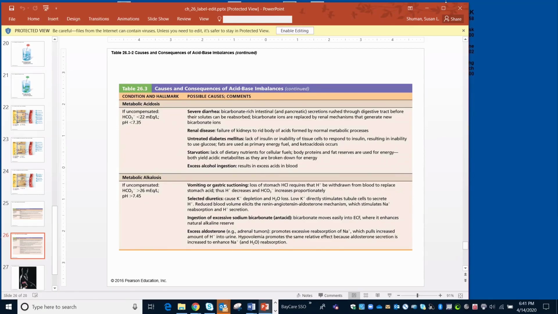So the carbon dioxide is compensating for the bicarb, because the elevated bicarb will cause the alkalosis problem. Okay, I think I get it. All right, thank you.